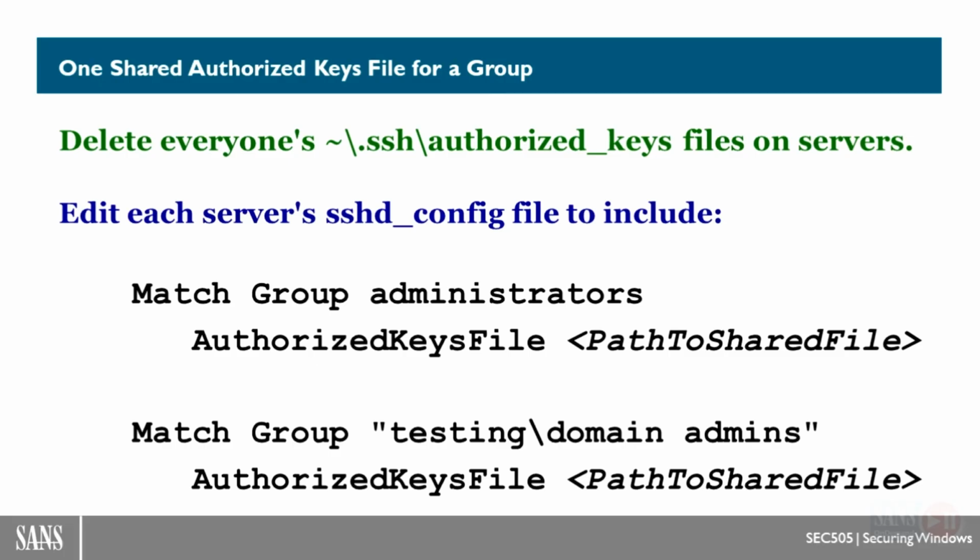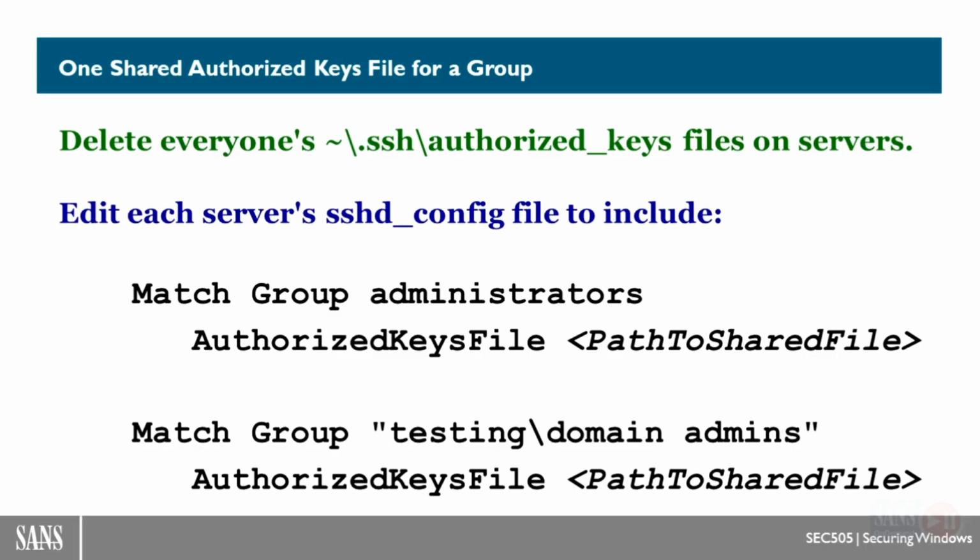So there you can see the keyword authorized keys file, and that'd be followed by the path to one centralized authorized keys file. So instead of having, let's say, 20 separate authorized keys files for 20 separate users on the machine, there's one central file, and then everybody's public key is added to that. So in this case, we have two restrictions here. First, you have to be a member of the administrators group, and second, your public key has to be in the centralized authorized keys file.